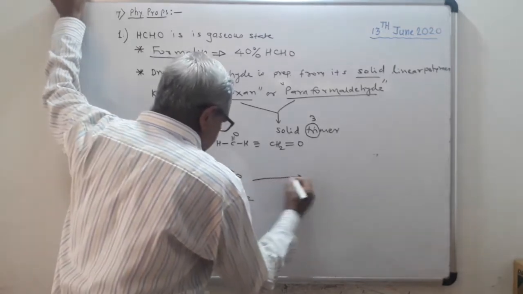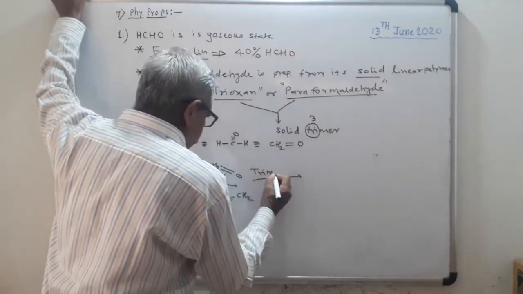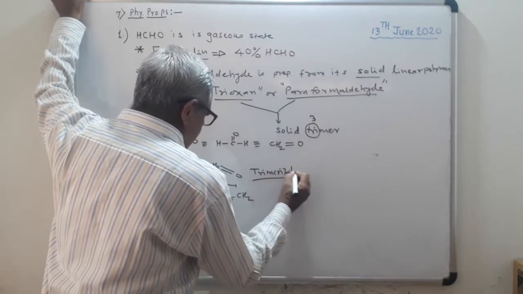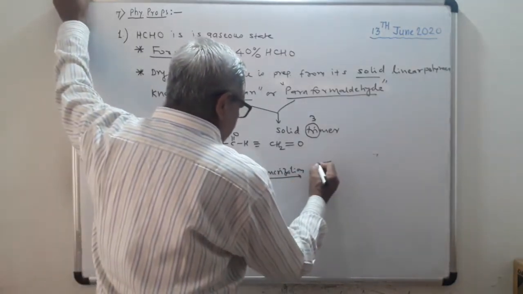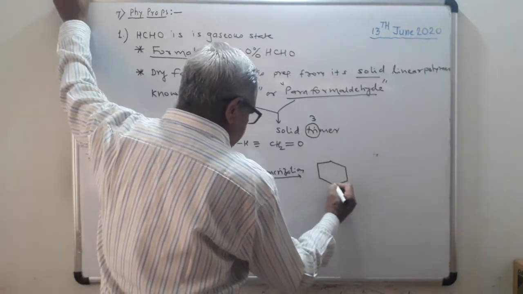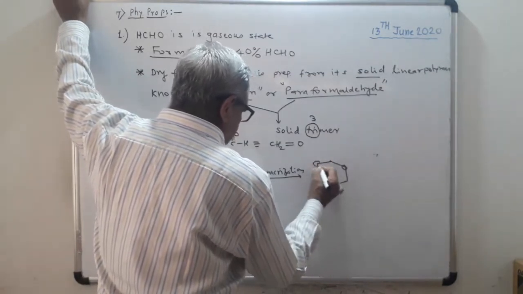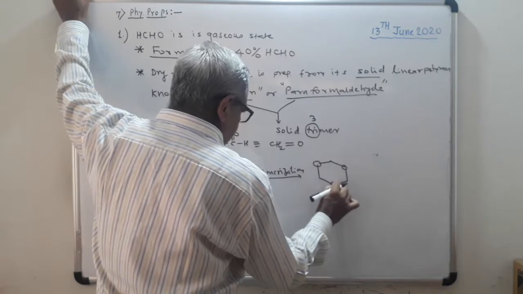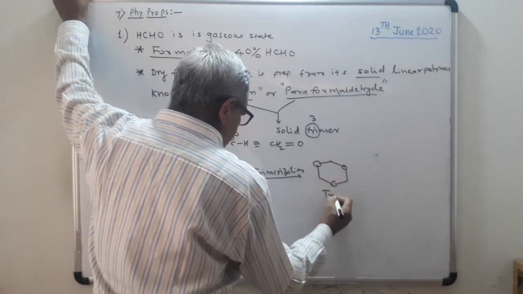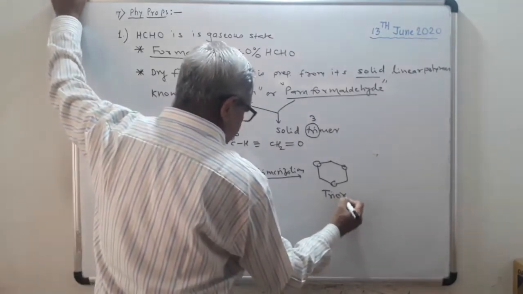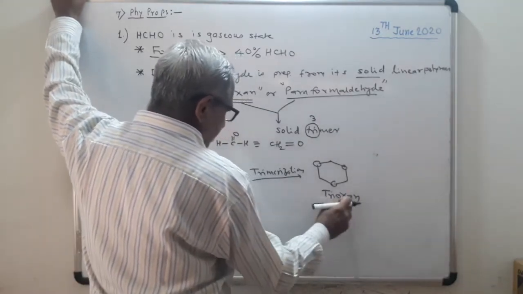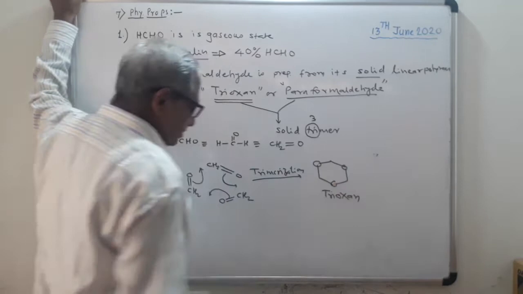This reaction is known as trimerization. So a 6-member ring will be formed with alternate oxygen atoms. Oxygen here, oxygen here, oxygen here. And this is known as trioxane. Tri indicates 3, OX indicates 3 oxygen in the 6-member ring.